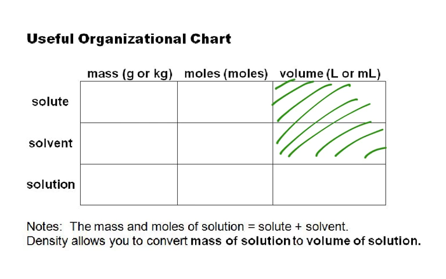But you might talk about the mass of a solution. The mass of the solute plus the mass of the solvent gives the mass of the solution. Moles of solute plus moles of solvent gives the moles of the solution. And sometimes we use the density, which a lot of times is very helpful to get the volume of the solution. We'll see an example of this in a minute.